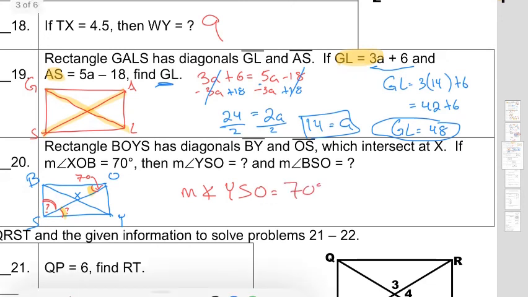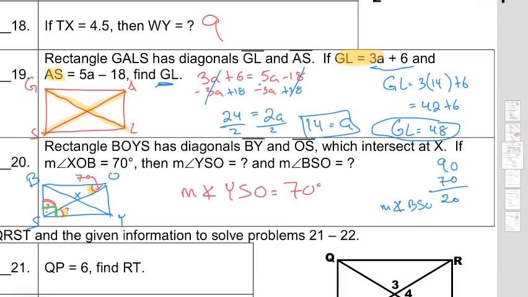And remember, one of the special properties of a rectangle is that we have right angles at every corner. And so if I know that one of the measurements is 70, and they're supposed to add up to 90, all I got to do is subtract 70 from 90, and it gives me my other measurement, which is the measurement of angle BSO degrees.